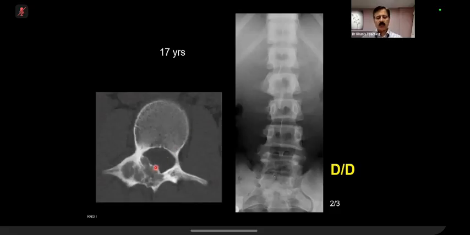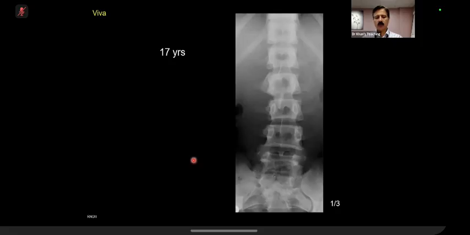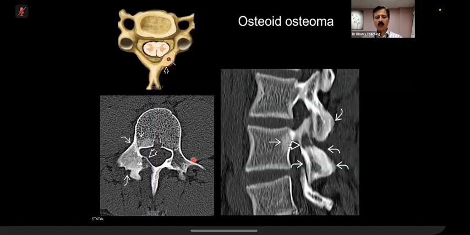But okay, now you have to develop your eyes, the difference between an osteoid osteoma versus an osteoblastoma. Now, what happens is that in an osteoid osteoma, if the nidus is more than 2 centimeters, you call it an osteoblastoma.